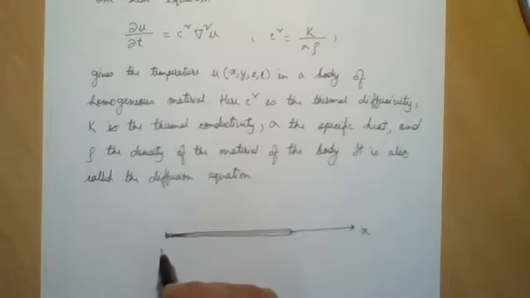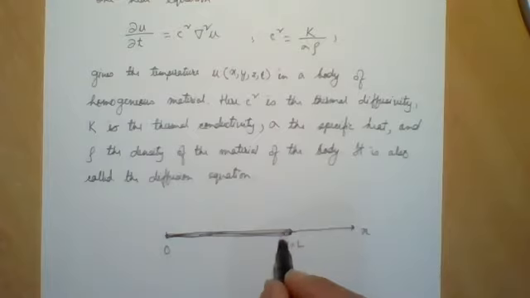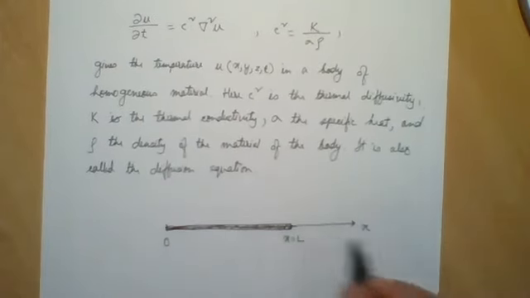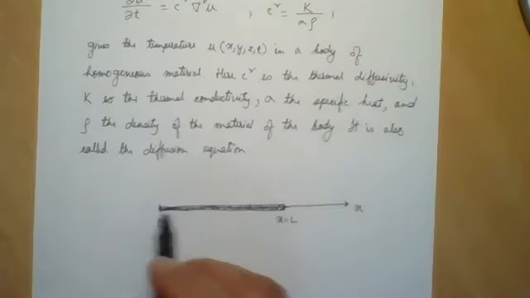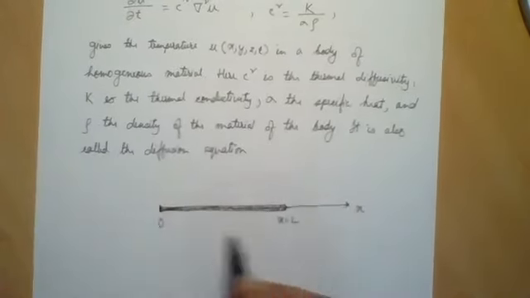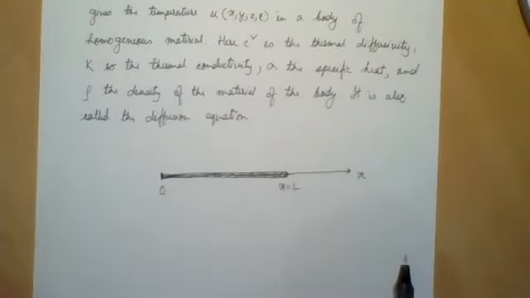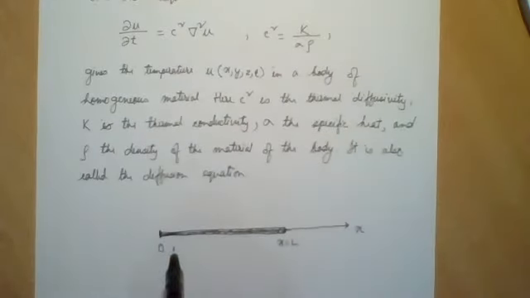The ends are at x equal to 0 and x equal to L. So the metal bar is of length capital L. Then let us study the temperature distribution in this metal bar.